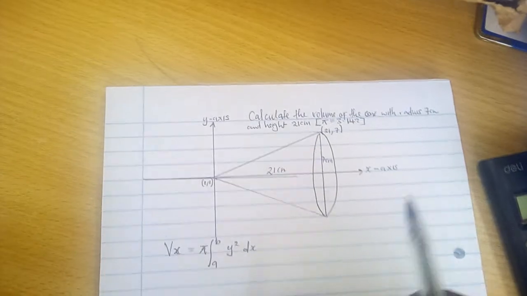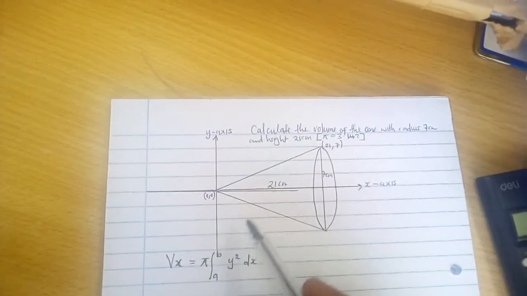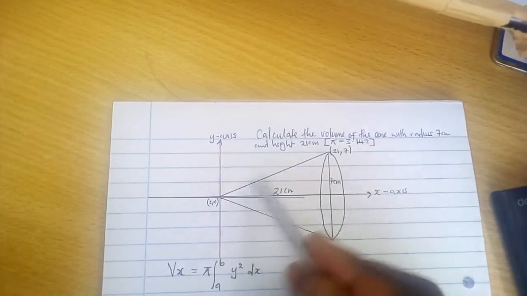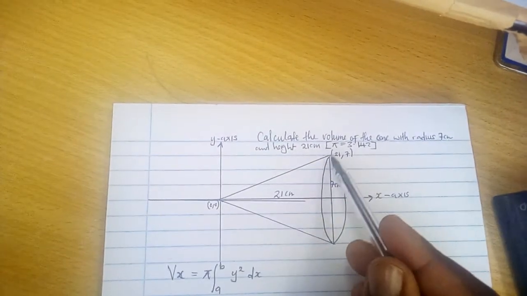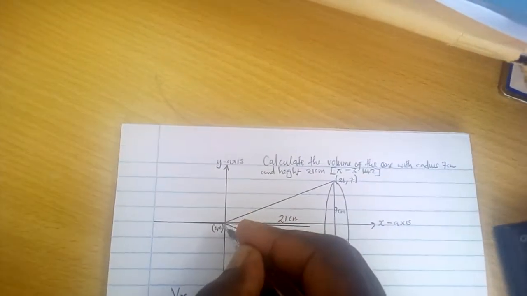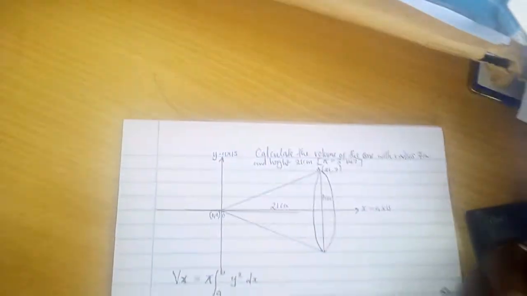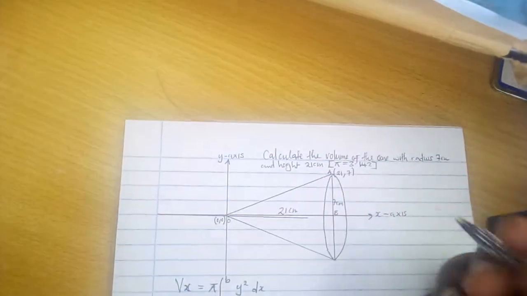So if that is the case, we need to find the gradient, or the equation of the line from this point to that point, which we can call OA, and this point can be called B.